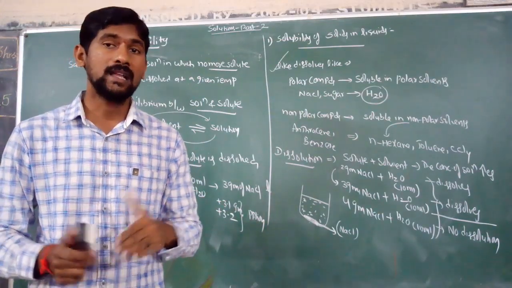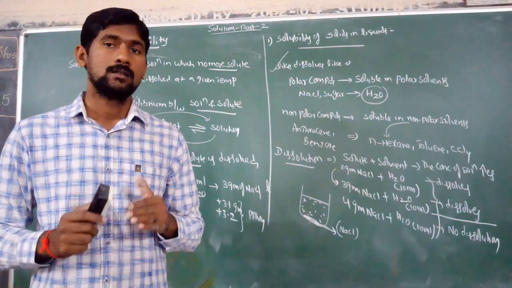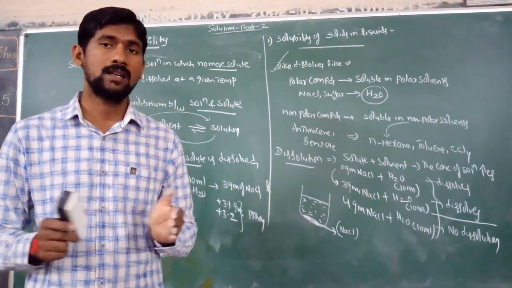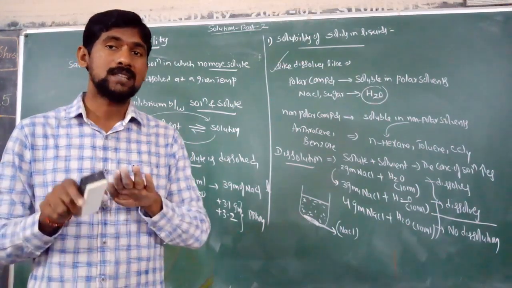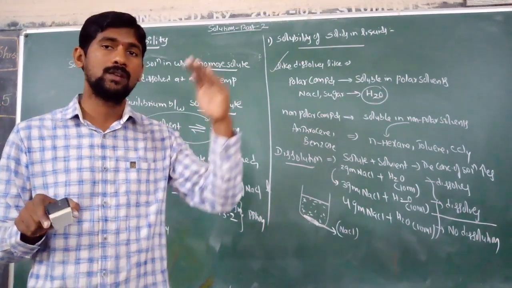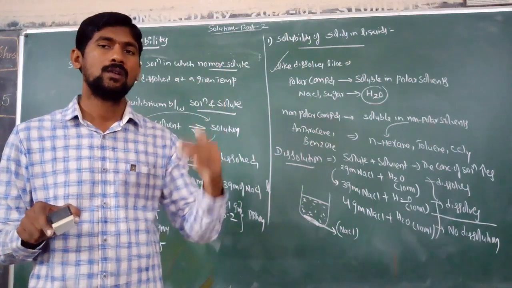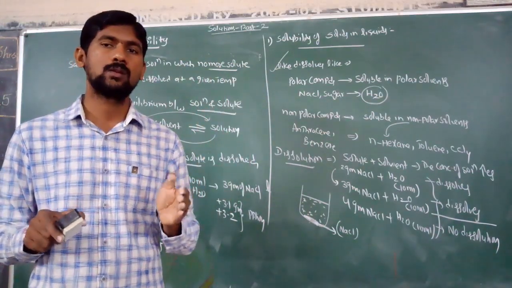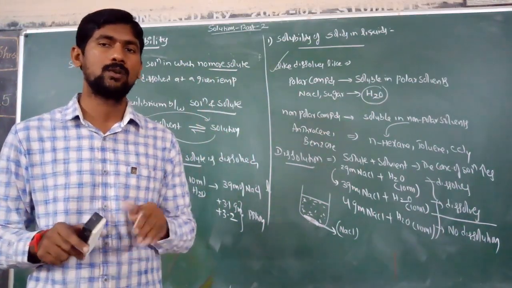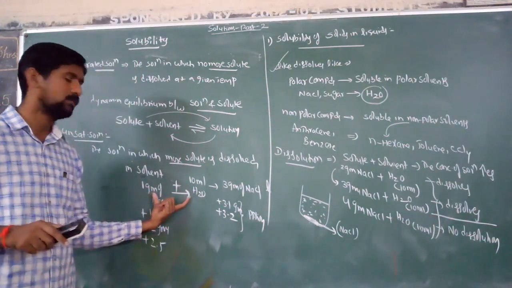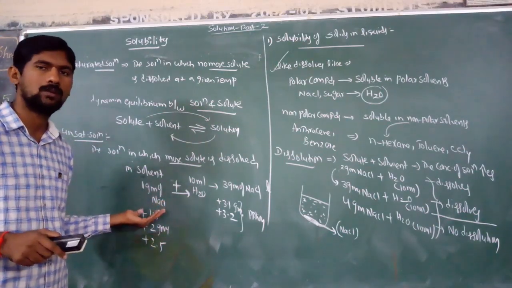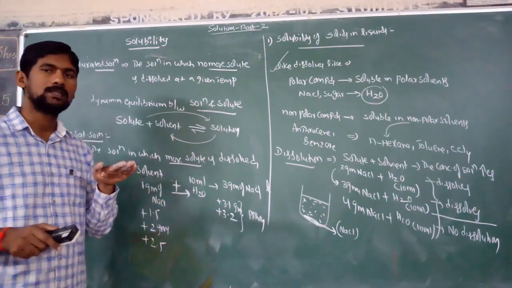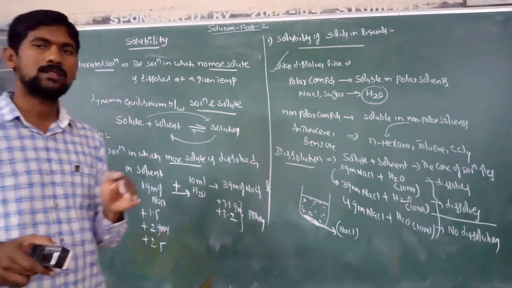The solute is not enough. 1 gram of sodium chloride is not enough for 10 ml of water, because the saturated level is 3 grams of sodium chloride. Between 1 gram and 3 grams, you can add 2 grams, and that also dissolves in the water. 1 gram is dissolved, 1.5 is also dissolved, 2 is dissolved, up to 3 grams.